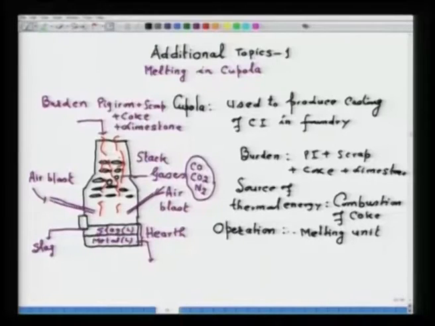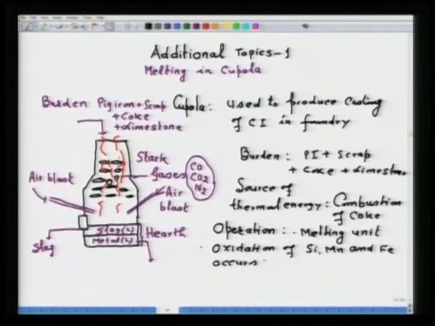As a result of combustion of coke and blowing of oxygen, there are some oxidizing conditions. So, point number 2, during the operation some oxidation of silicon, manganese and iron occurs.